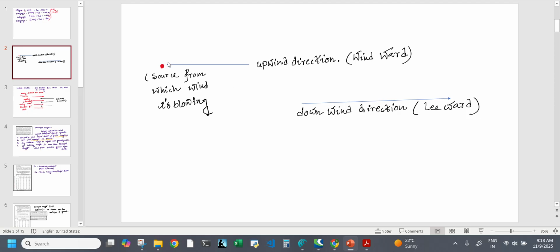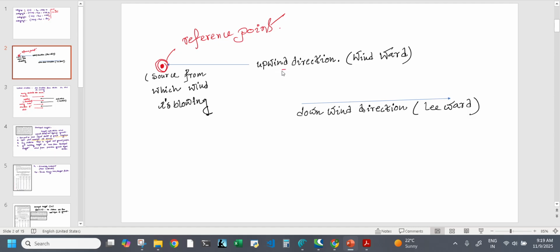Suppose this is the source of the wind, and take it as a reference point.